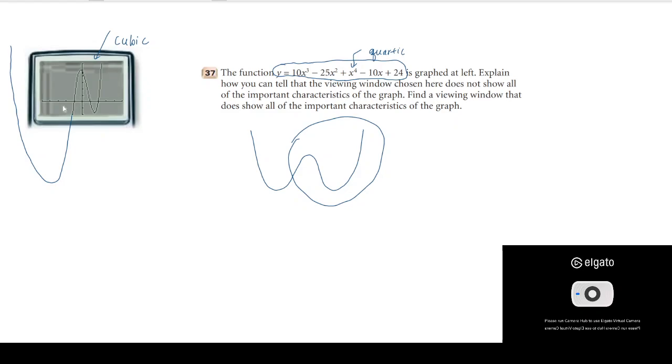So in order for you to show this part on the graphing window, you have to zoom out, okay? There's a function where you can choose to adjust the size of the window, okay? So if you don't know how to do that, please come and ask. I'll show you how to do it, all right?